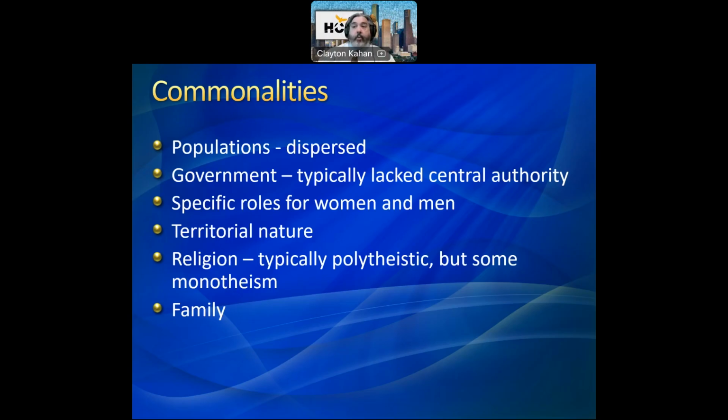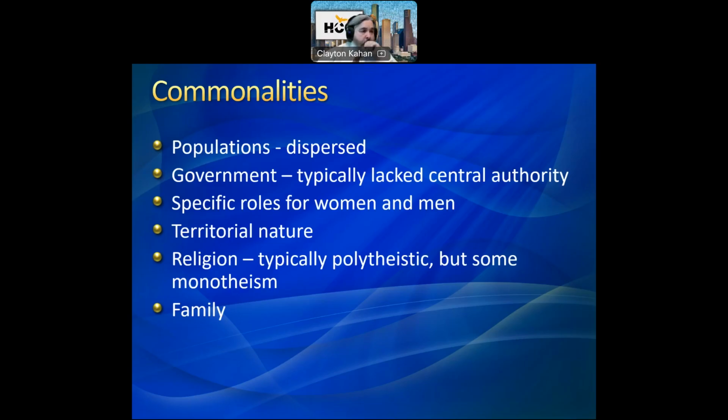Now, when it comes to religion, these Native American groups, generally speaking, are polytheistic, meaning multiple gods, multiple spirits. They had gods and spirits of war, of sun, of light, of love. These are all among the types of deities and spirits amongst all of these different Native American groups.